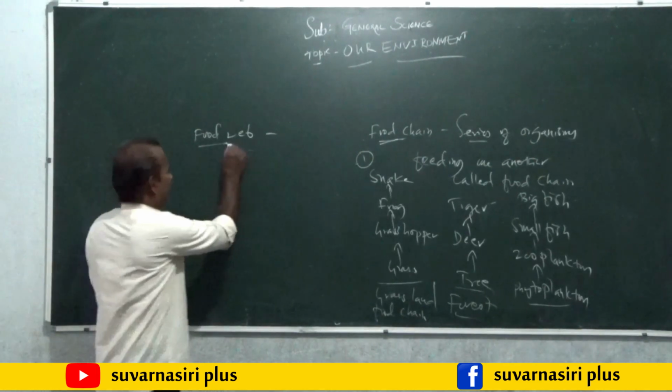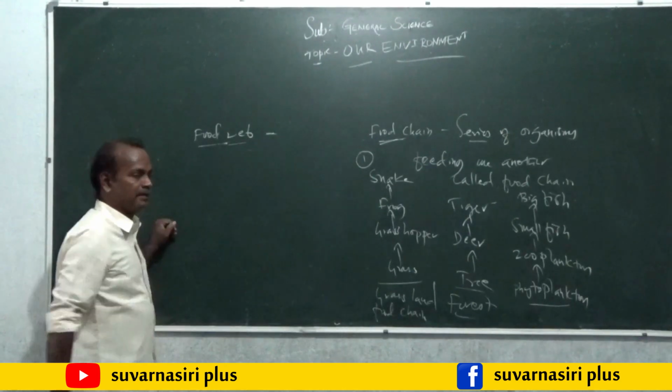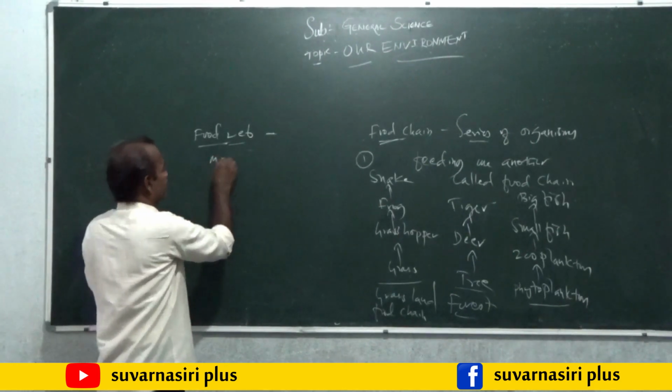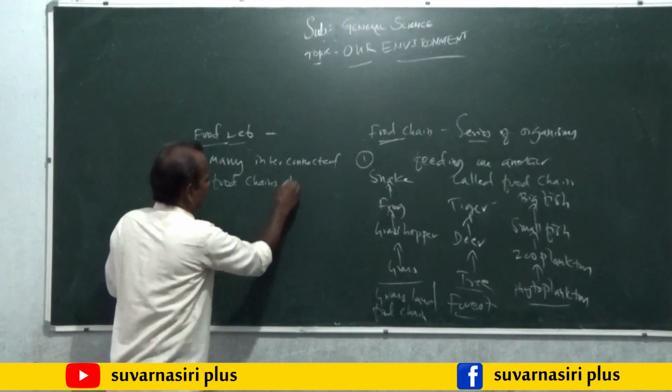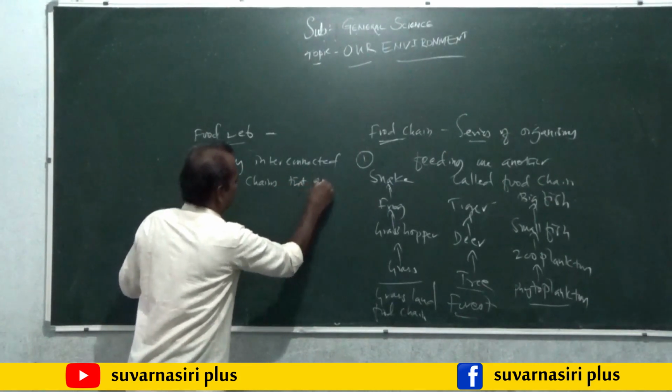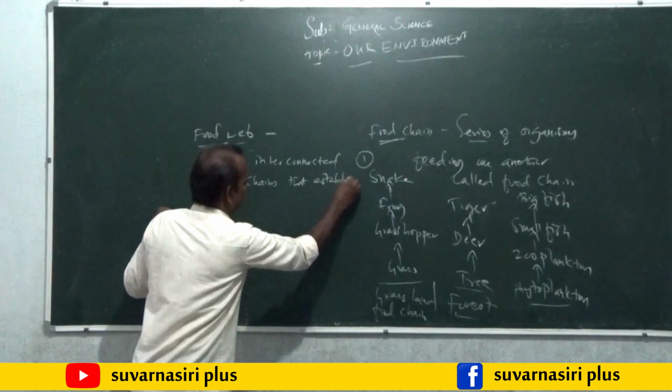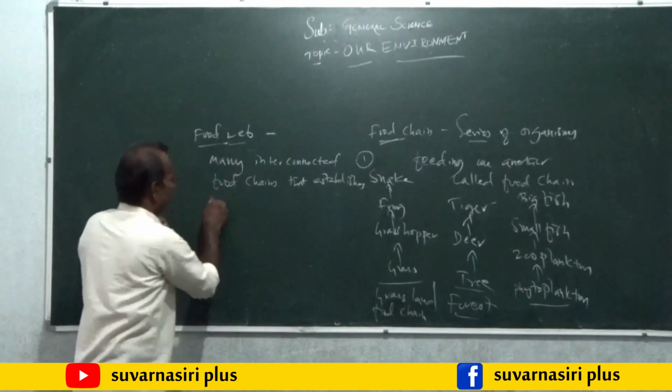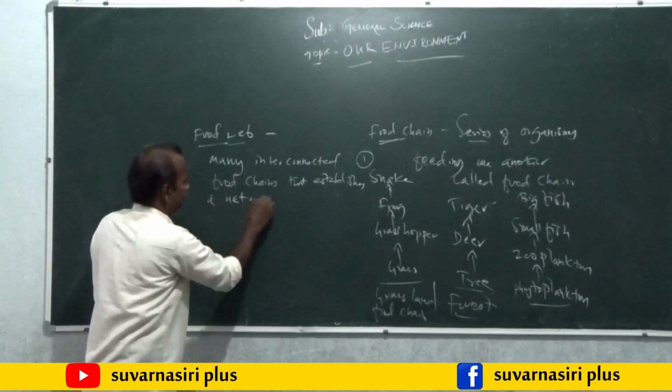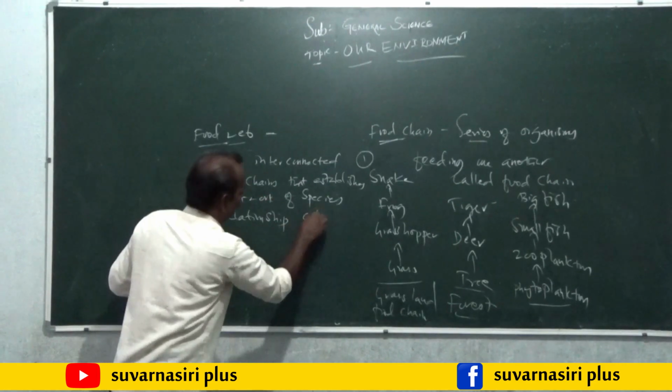So you can write the definition of food web like this: many interconnected food chains that establish a network of species relationship, called food web.